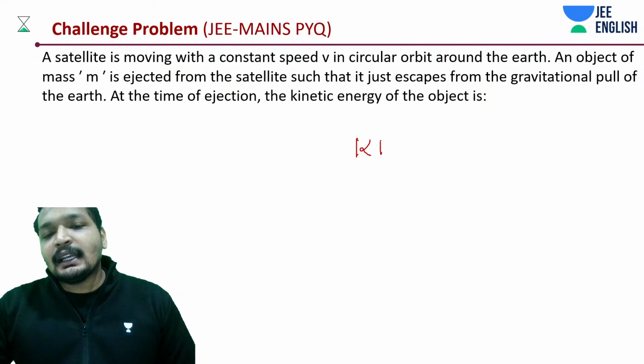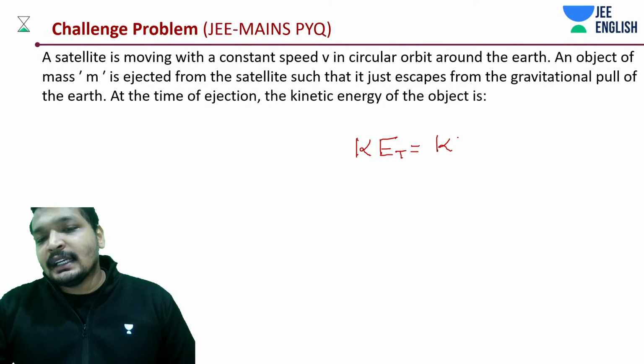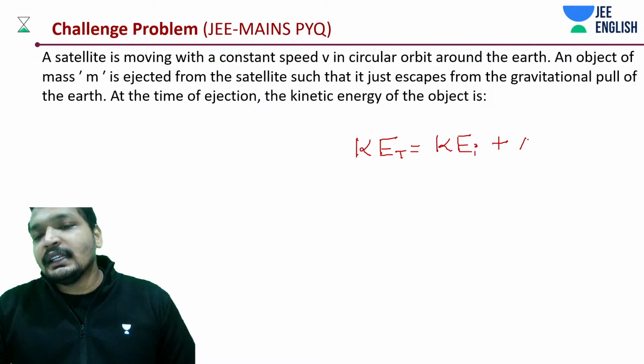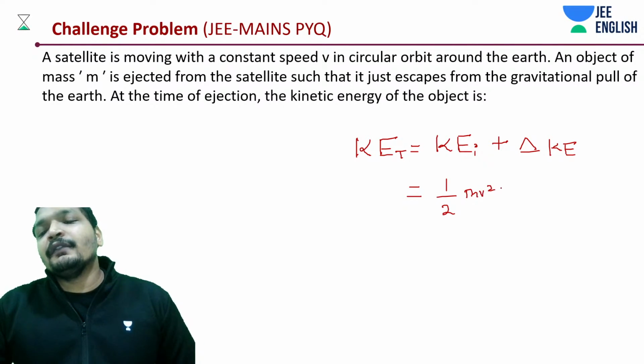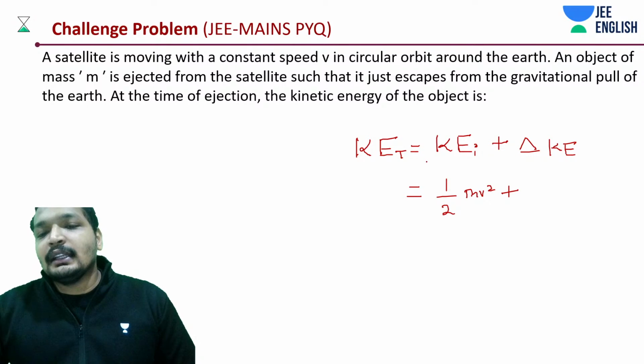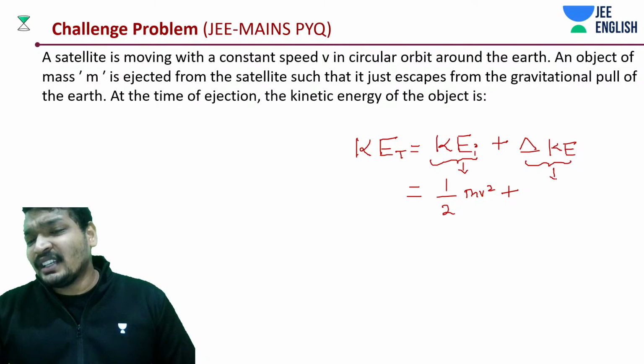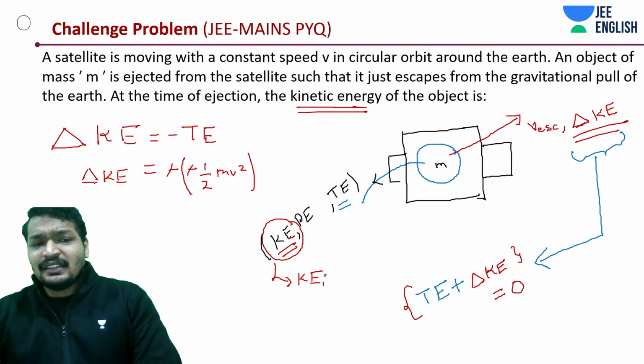Total kinetic energy is equal to initial kinetic energy plus the change in kinetic energy. And both are equal, of course. So half mv square, and we have this expression, and we just calculated this expression.